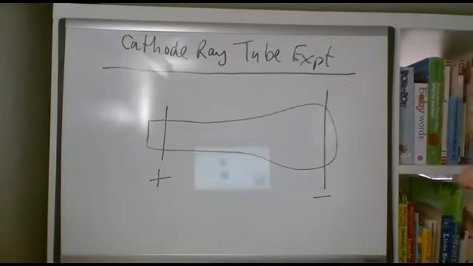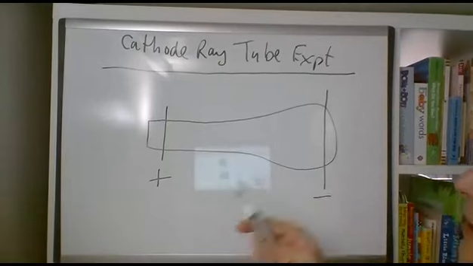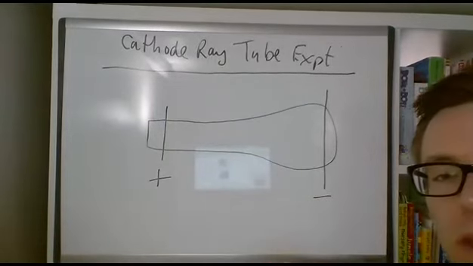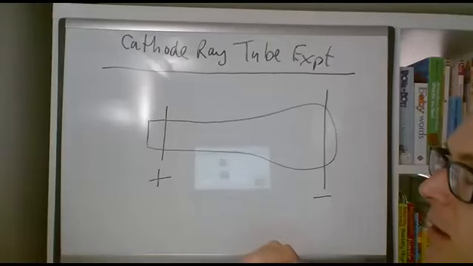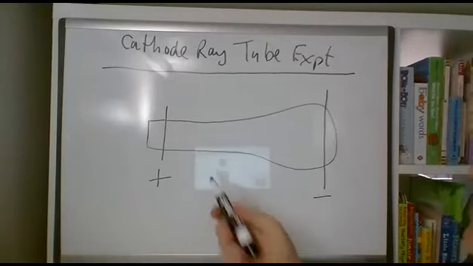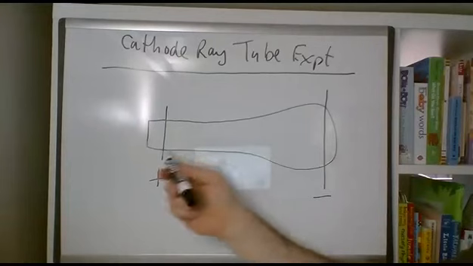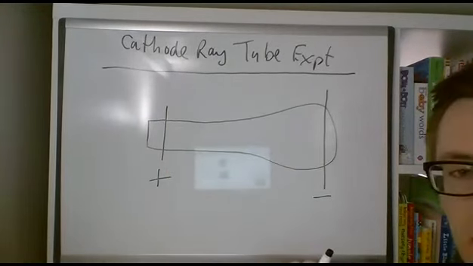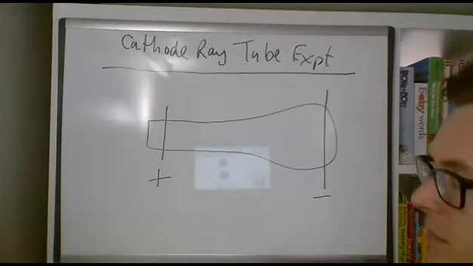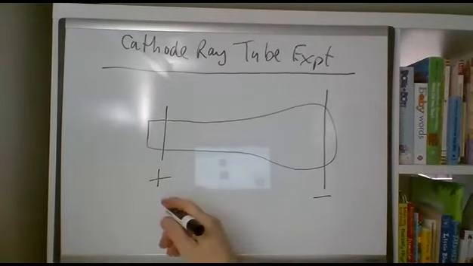So basically, Thomson took a tube and he pumped out all the gas molecules from the tube, or the vast majority of them, and he put two plates inside the tube with opposite charges, so a positive charge and a negative charge.